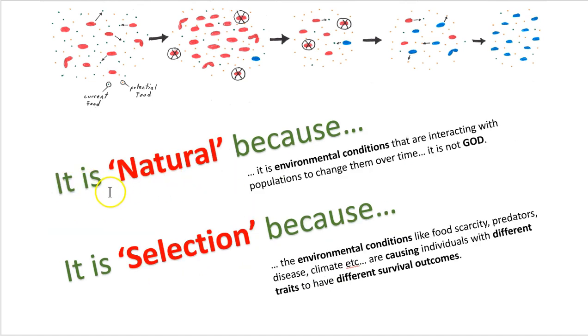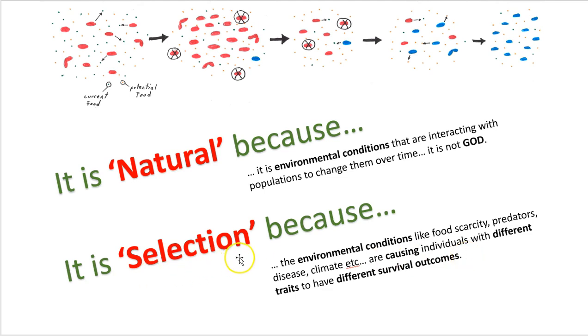Now, the term natural selection is natural because it's environmental conditions that are interacting with populations to change them over time. It's not God. And it's a selection. Darwin used this word selection because the environmental conditions like food scarcity, predators, disease, climate, etc. are causing individuals with different traits to have different survival outcomes.